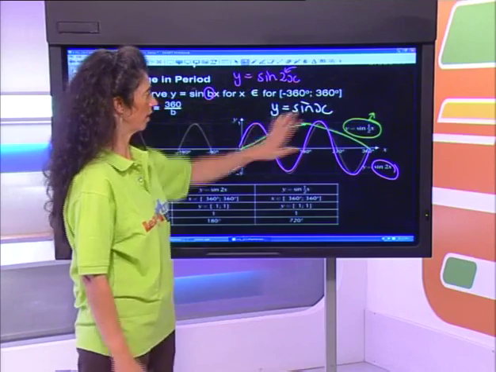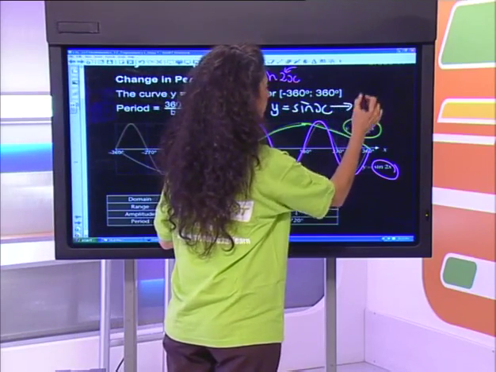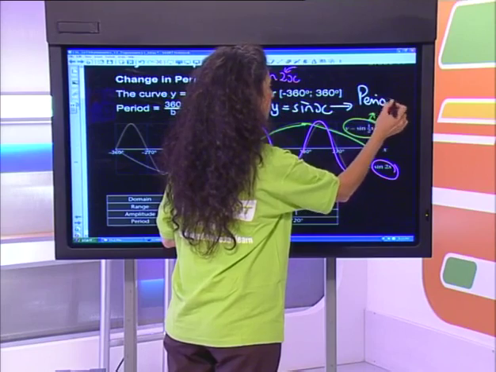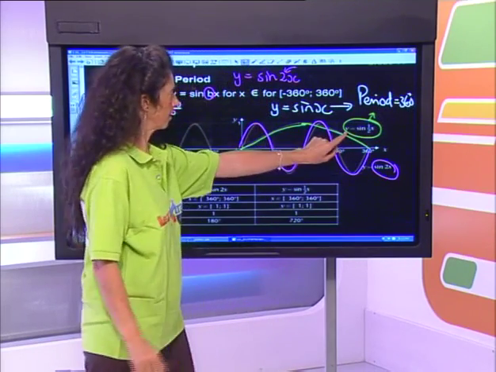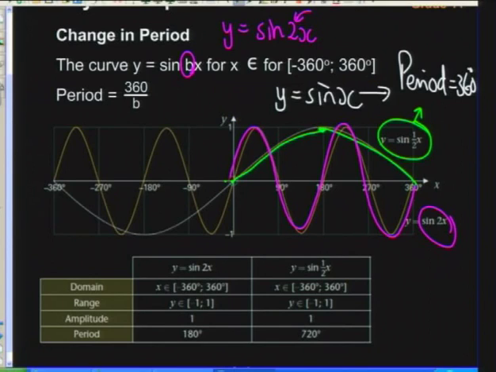So that period, this graph's period, is 360 degrees. We're saying that this graph's period is 360 divided by a half, which is 720 degrees. And we're saying that this graph's period is 360 divided by 2.